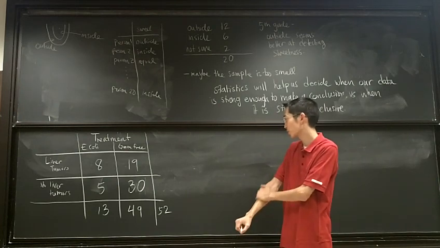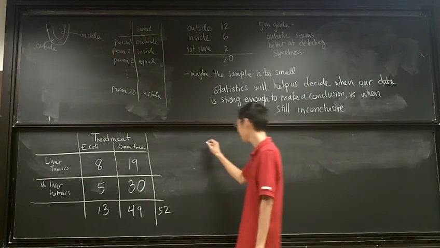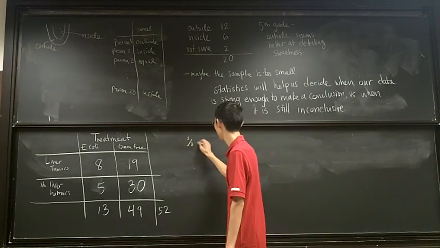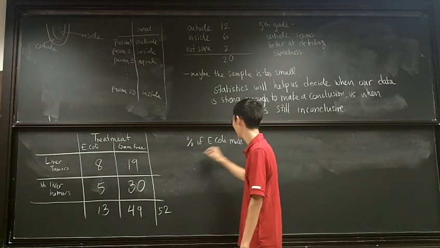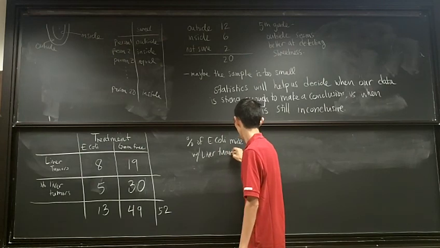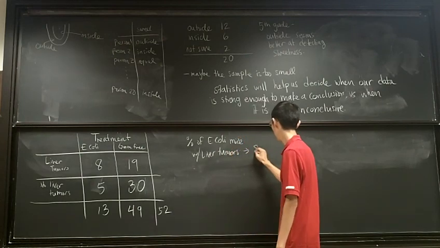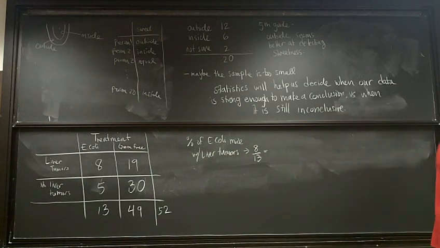Okay, so what percentage do I find here? 8 out of 13. Okay, so 8 out of 13. This is a percentage of E. coli mice with liver tumors. Alright, so that's 8 over 13, which is equal to 62%.